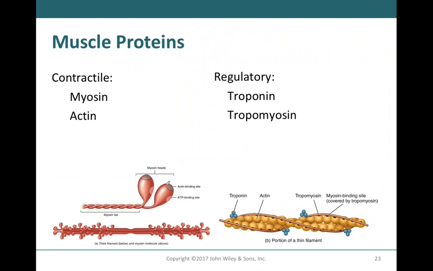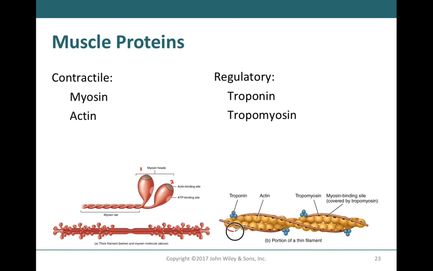So the way that this is going to work is these myosin heads are going to bind to those binding sites when tropomyosin's out of the way, and they're going to walk up. We'll depict this as head number 1, and we'll depict this as head number 2. So head number 1 might bind right here, and then head 2 is going to bind here. And once head 2 binds here, head 1's going to detach, and it's going to walk its way up to this one.